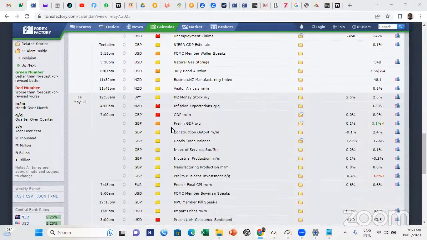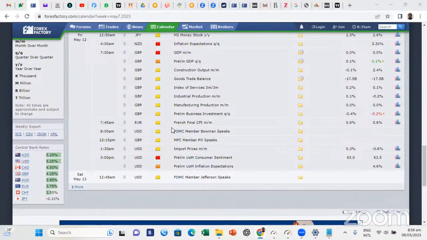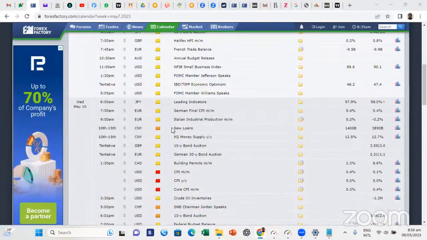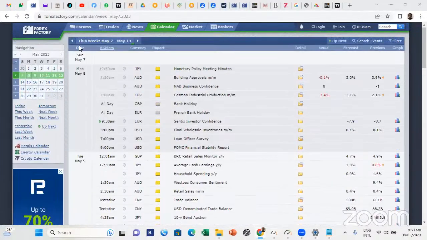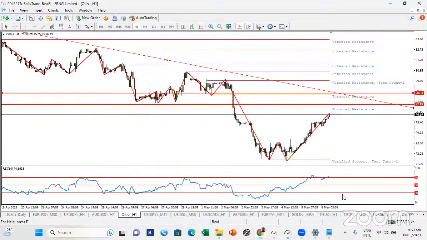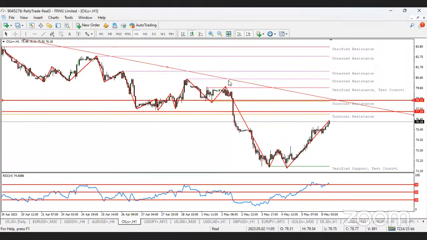And on Friday, we are having the prelim University of Michigan consumer sentiment news. So for today and tomorrow, we are not expecting much from the markets fundamentally, so we'll be looking at the markets technically.